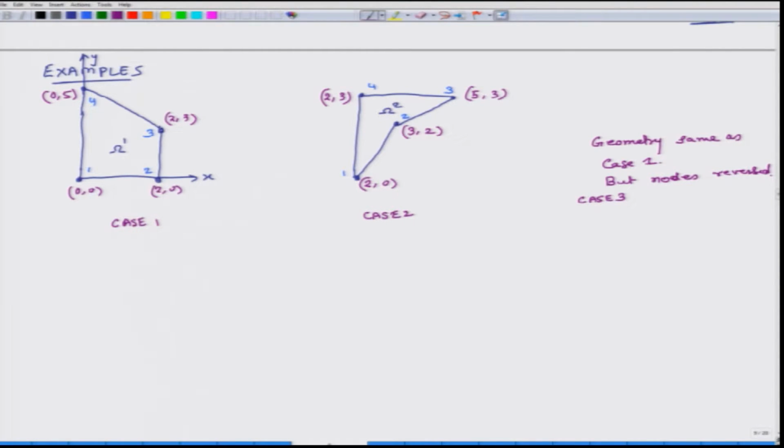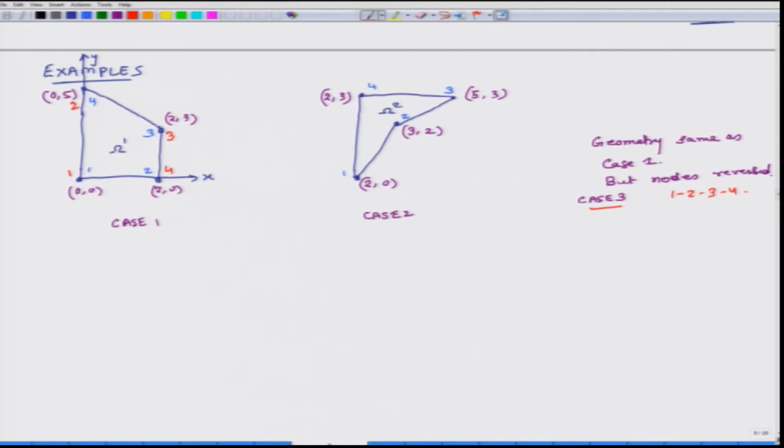Nodes are reversed. So, what are the reversed nodes? In the original case 1 I was going 1, 2, 3, 4 anticlockwise. Here I will do 1, 2, 3 and 4. Okay. So, here my node numbers are in red.